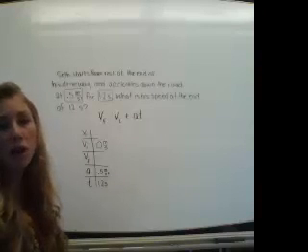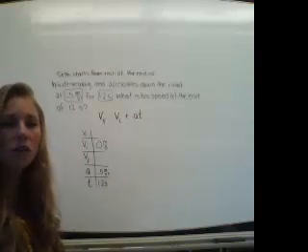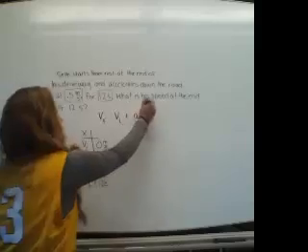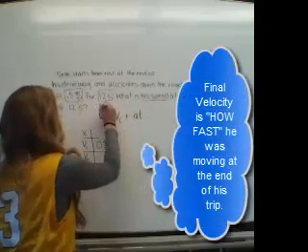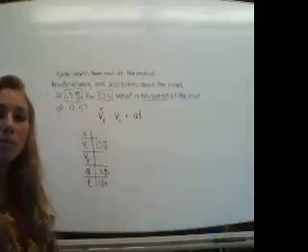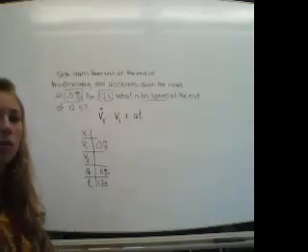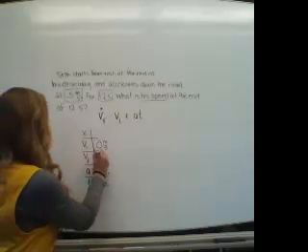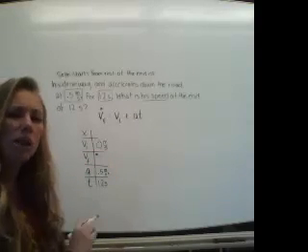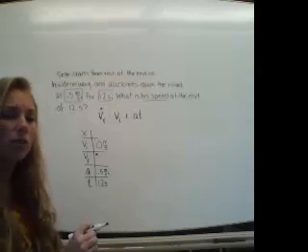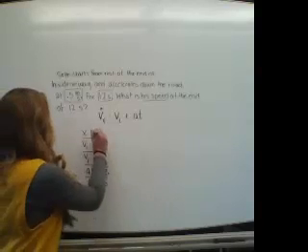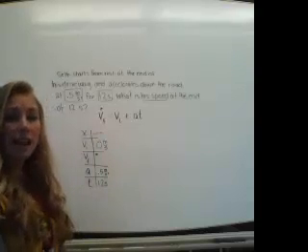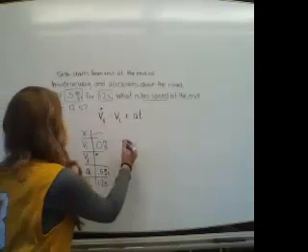In this particular problem, we're looking for final velocity. So what I'll do in my chart is put a star next to the one I'm looking for, and I'm going to put a line through the other variable that I don't know. This will come in handy later. All right, now we substitute and solve.